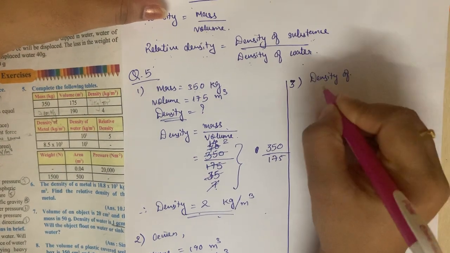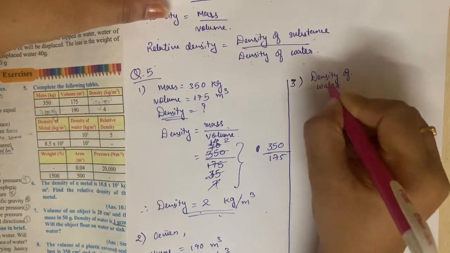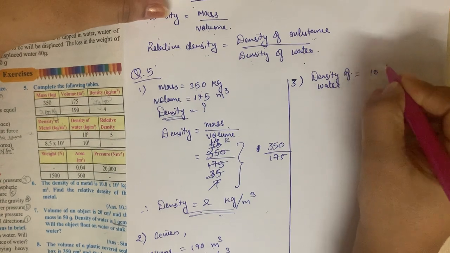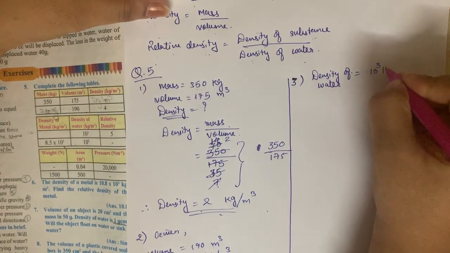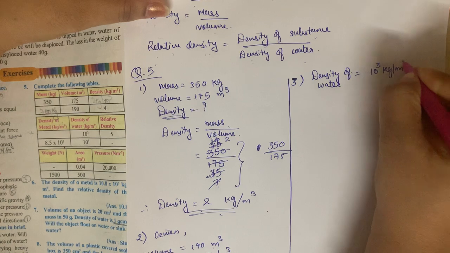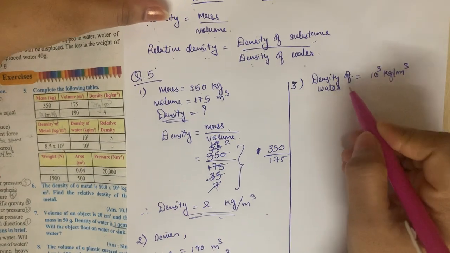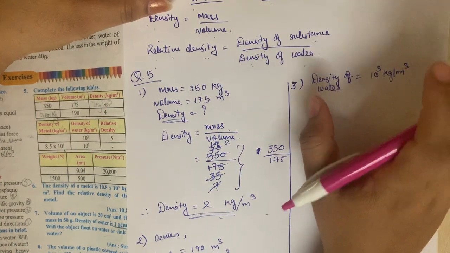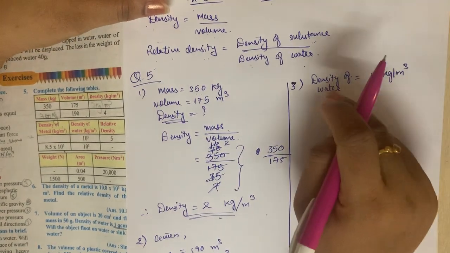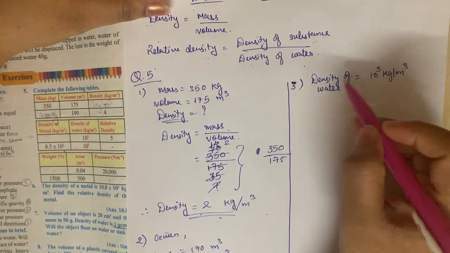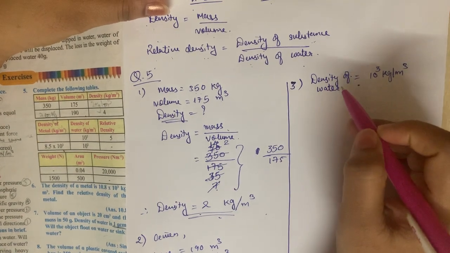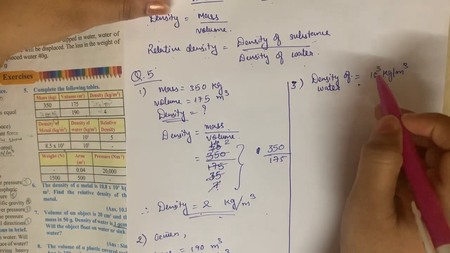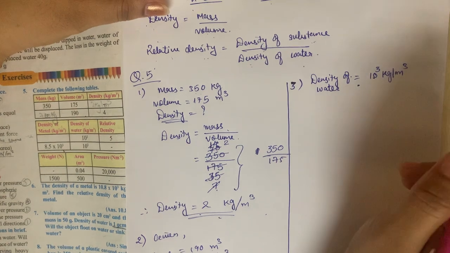Density of water is given, that is 10 raised to 3 kg per meter cube. Remember students, if in the question density of water is not given, then also remember always the value is constant. If it is not given, still you can take density of water, that is equal to 10 raised to 3 kg per meter cube. Is it clear?